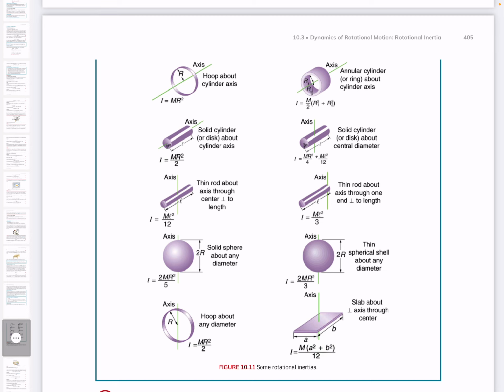I think we're going to do a solid disc. The one top left, second one down, we're going to do a disc. And I think we do a rod, maybe? So we're going to find the moments of inertia for, I think, 3 or 4 objects. The ring. Yeah, 3 or 4 objects.